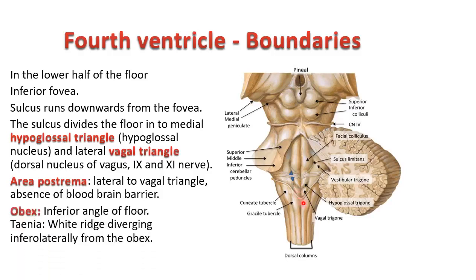If you come to the lower part, this is your inferior angle, whereas that is your superior angle, and the inferior angle is called the obex. You are able to see the thickening of the lower part of the roof, and that ependymal thickening appears as a ridge called the tinea. Tinea means tape like. You can see a ridge extending from the obex, or other books describe two tinea converging at the obex.